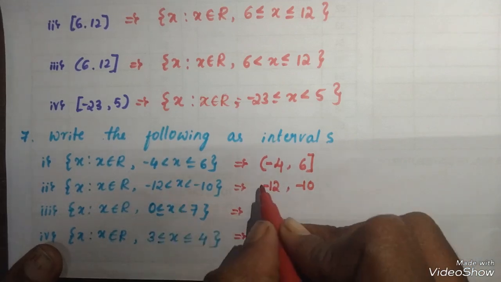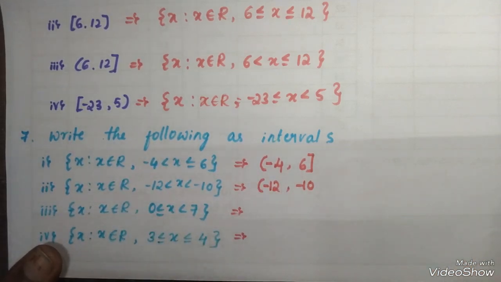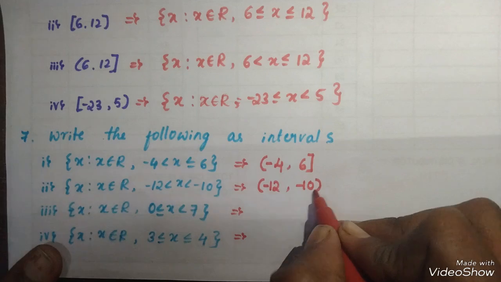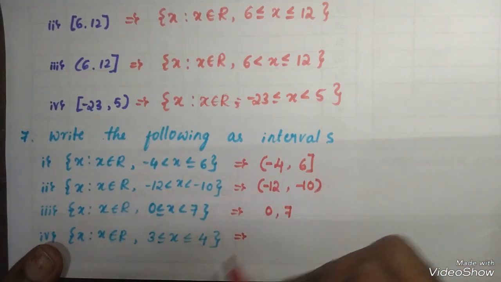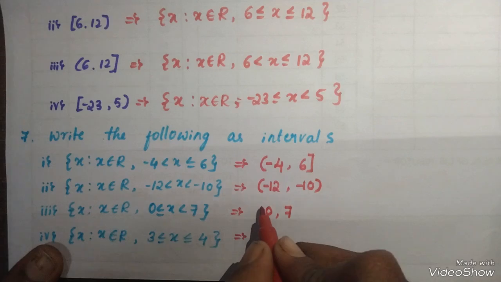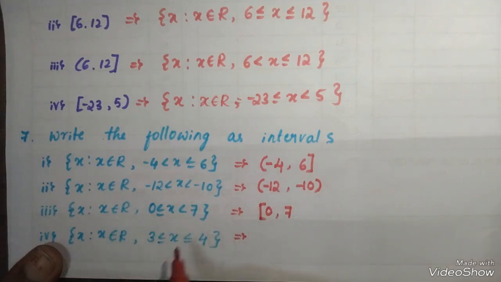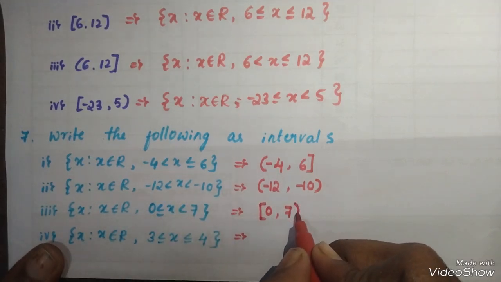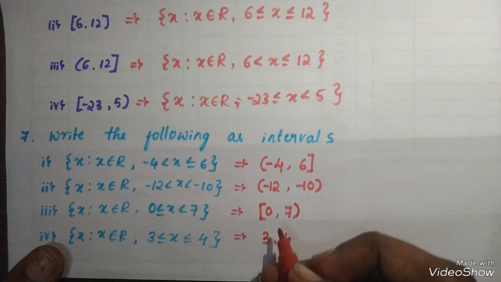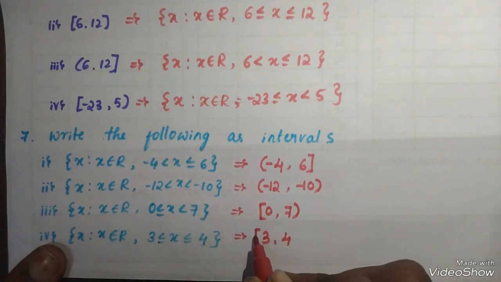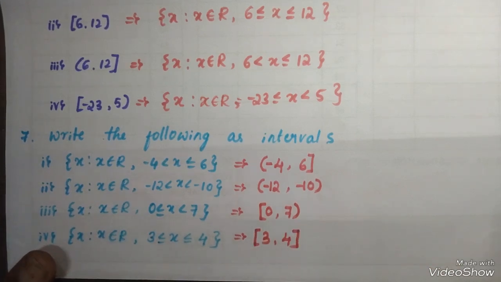Here less than condition, therefore open interval. 0 and 7. Here less than or equal to, so closed interval. Here less than condition, therefore open interval. 3, 4. Both having the less than or equal to condition, that is both having the closed interval.